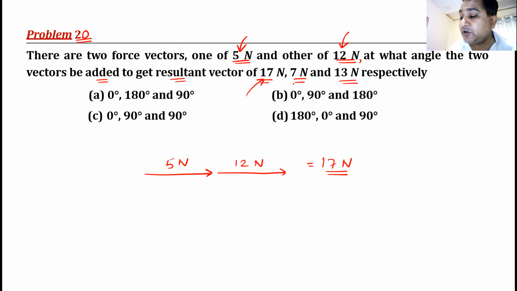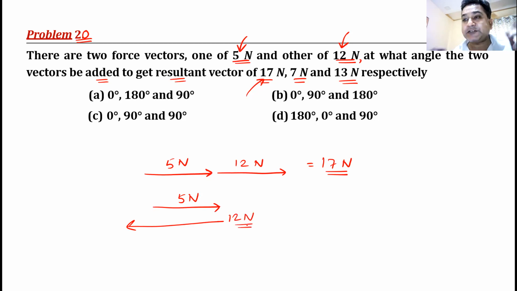Okay. Now I want to get 7. To get 7, if one vector is like this, 5 Newton, the other vector must be like this. So basically we are adding them, but in short, we would be subtracting because one vector is going in this direction, the other vector is going in this direction. So now the answer would be 7 Newtons.